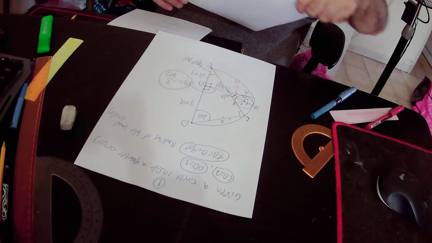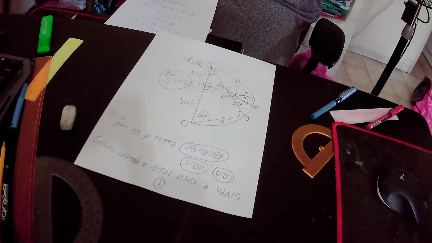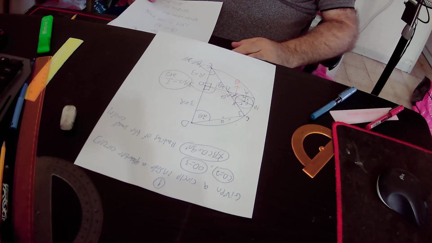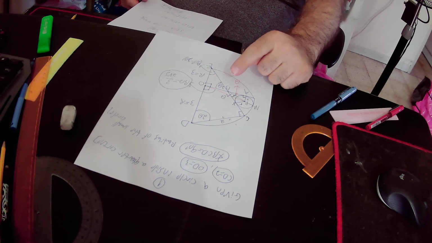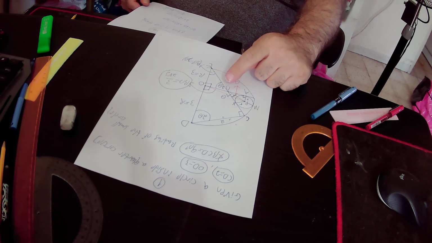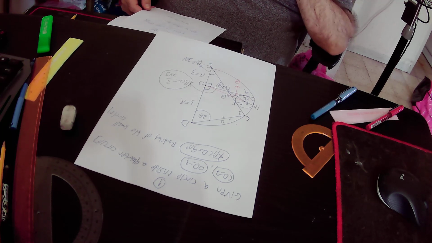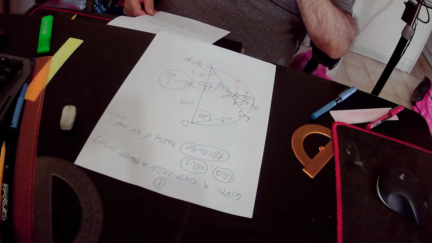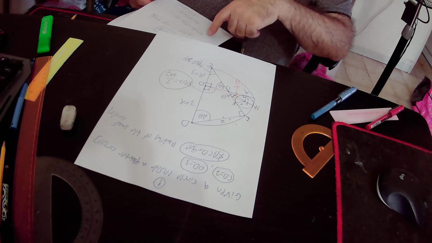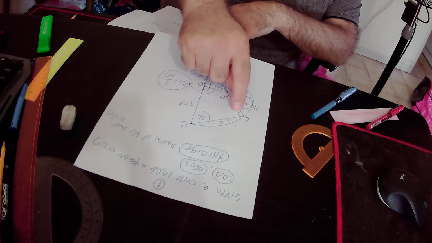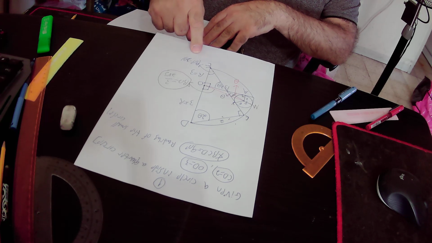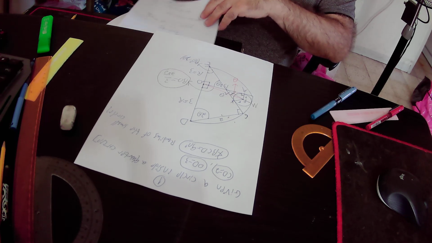And triangle EOB is a right triangle, and if in the right triangle this angle equals 2 theta, then this angle must equal 90 minus theta. And we know that the sum of the angles in any triangle equals 180 degrees, so the size of this angle plus 90 degrees minus 2 theta must equal 180 degrees.